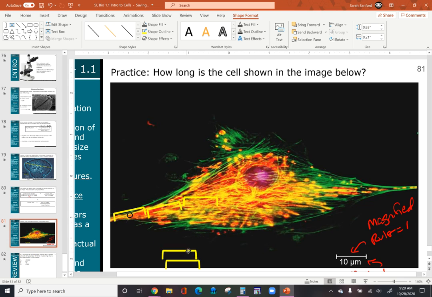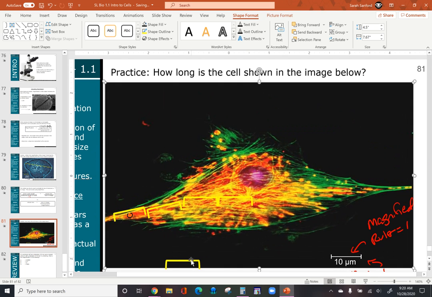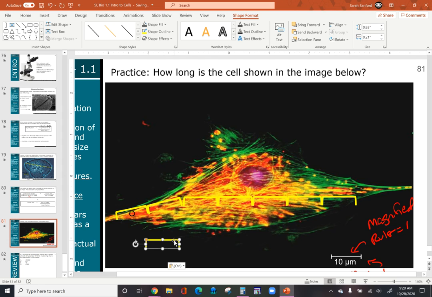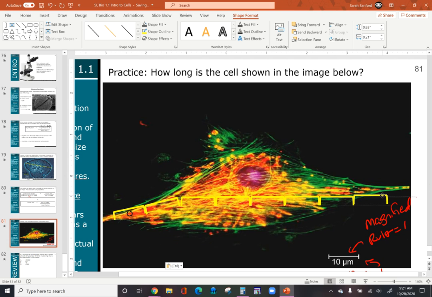I guess I'll just do it this way. Ideally, those would be in a straight line. I realize it's not in there, but that's okay.